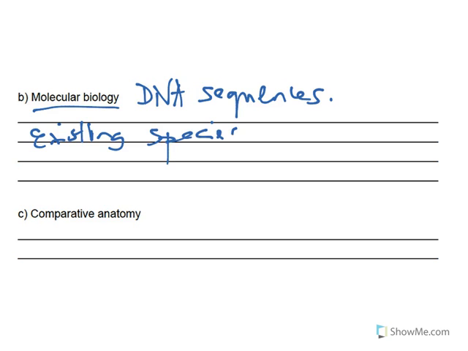Sometimes we can also sequence ancient species as well. It just depends how well preserved they are and whether there's still the possibility of extracting DNA from some of the bone marrow, etc. It's often not possible, but sometimes it is.